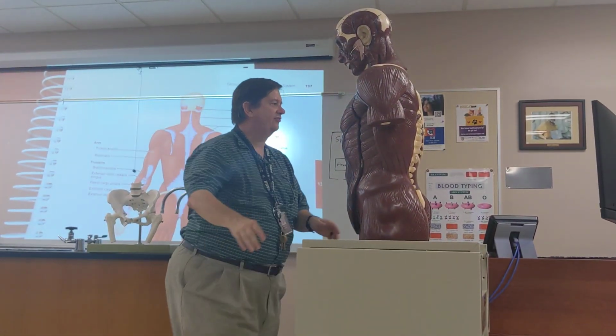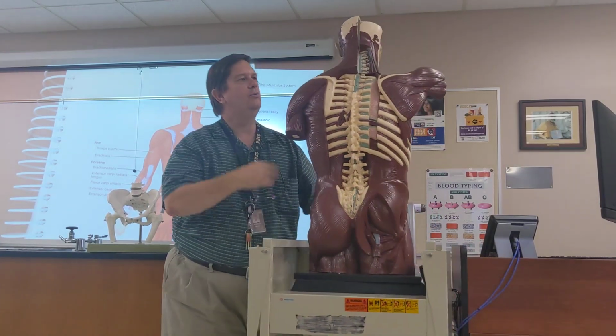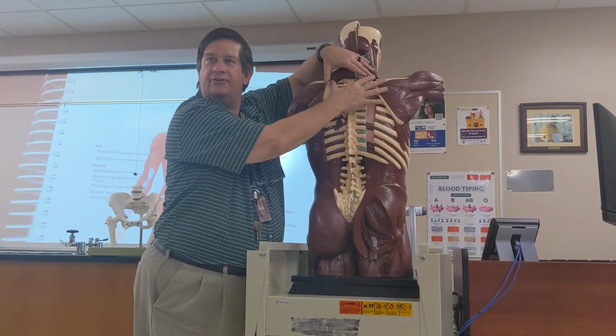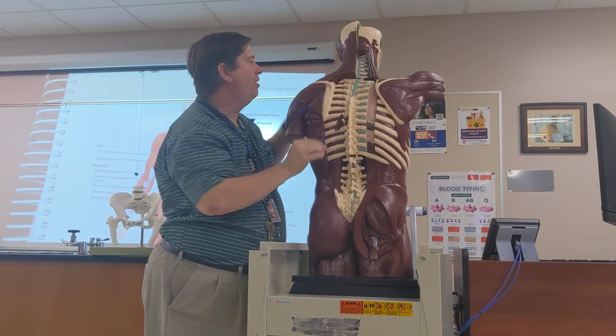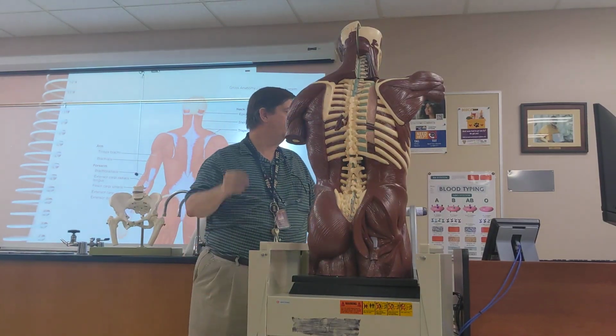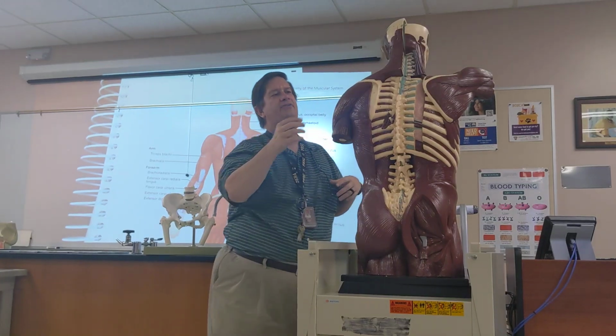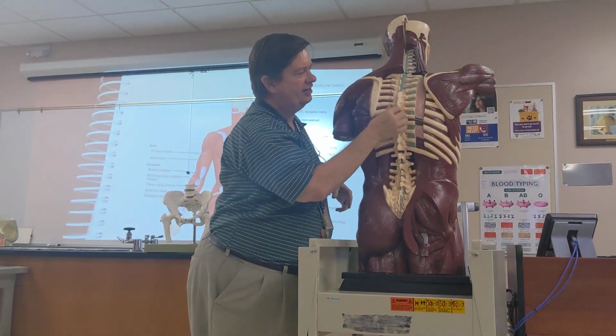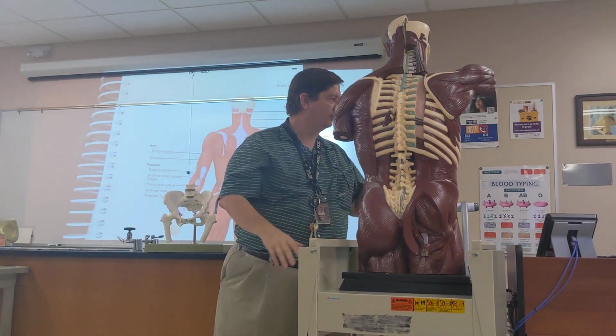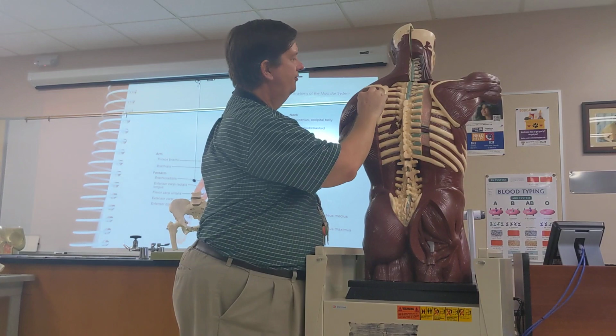The trapezius. We did that. It was the kite shape. So the origin is the occipital bone, cervical and thoracic vertebrae attached here. The insertion is the scapula and the clavicle, so inserted up here.